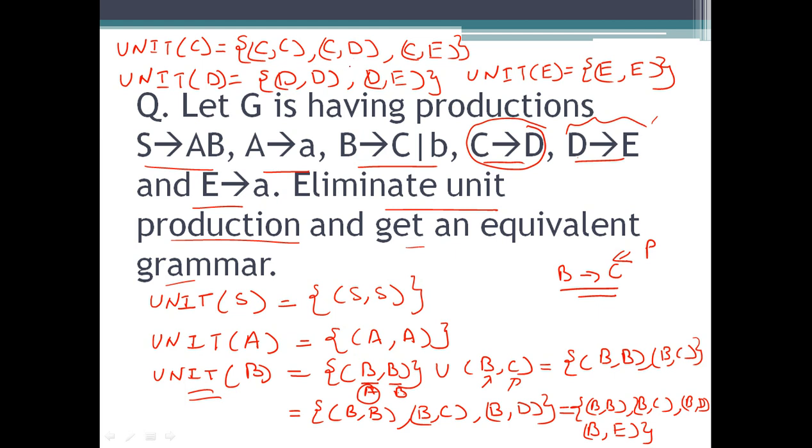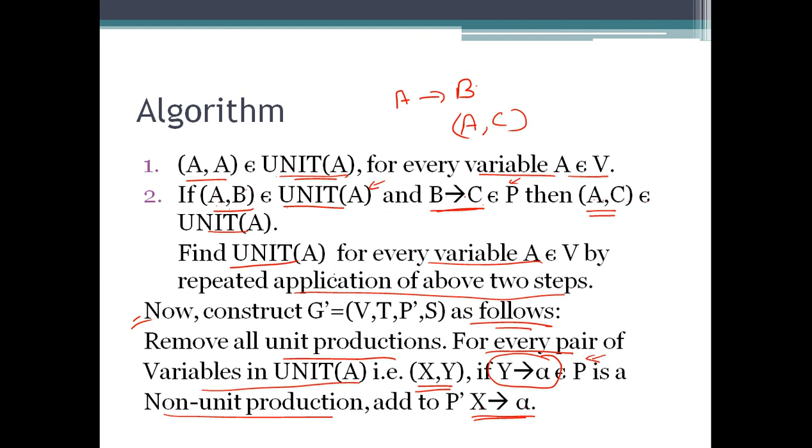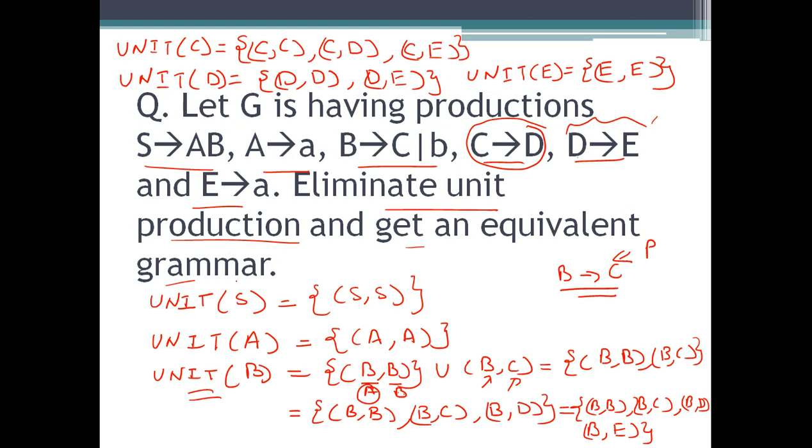Fine. In the next step we have to find the production rules. For every pair of variables in unit of A, we have to substitute the non-unit production for X, that is, X is rewritten as alpha in P prime. So let us go through. Unit of S has only S, so the production S is rewritten as AB will be in the corresponding set.